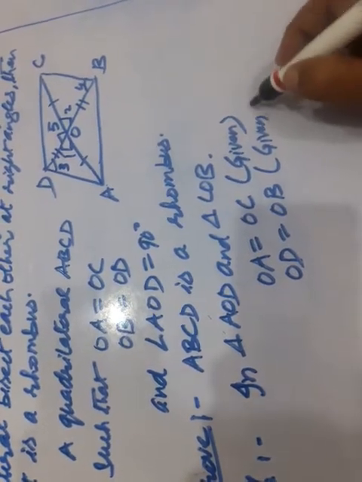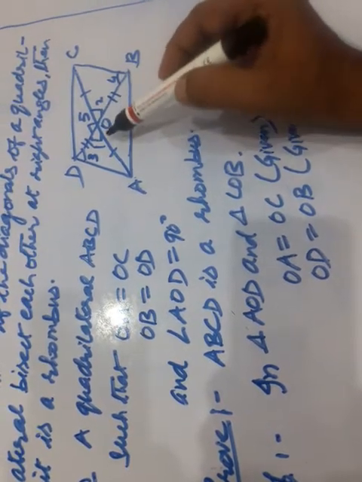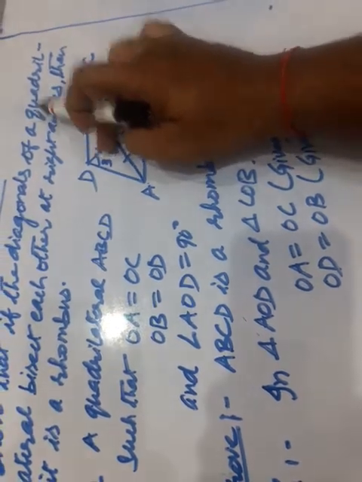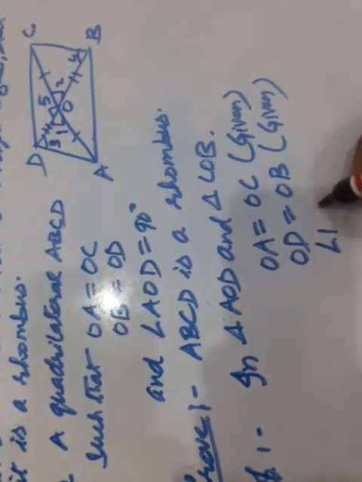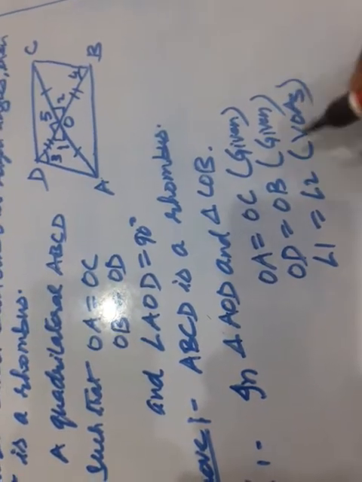What else is given, children? See, it is very clearly written: angle 1 equal to angle 2. This is angle 1, right, children? What is this? Vertically opposite angles. Angle 1 equal to angle 2, that is vertically opposite angles. Clear, children?